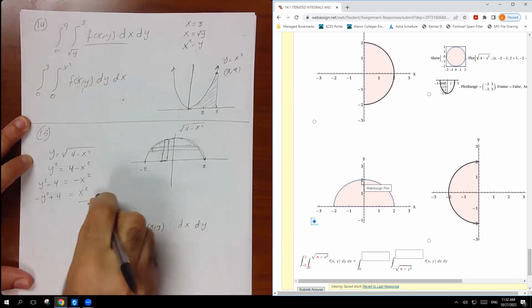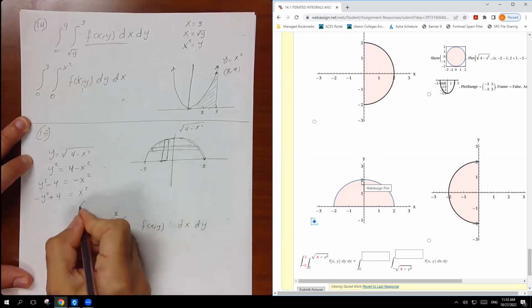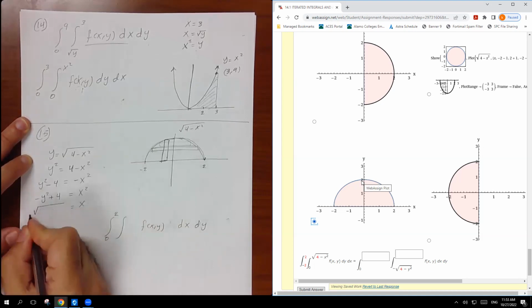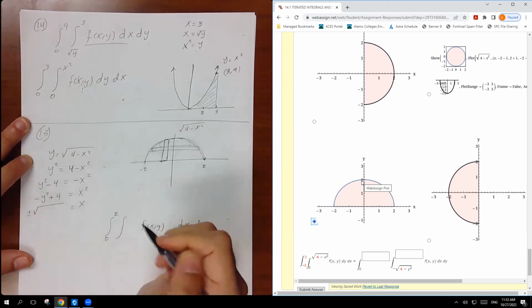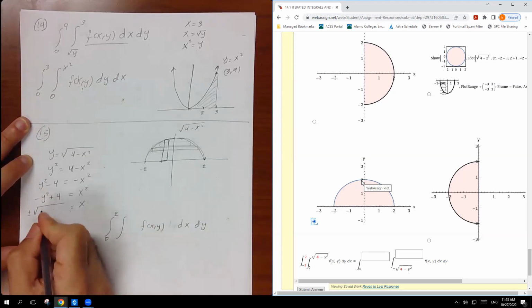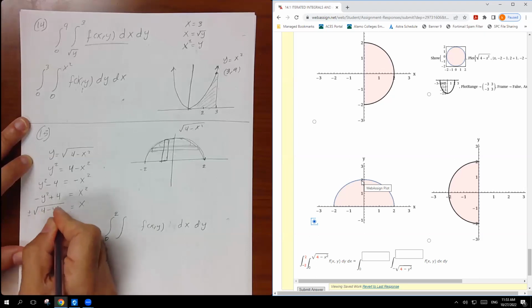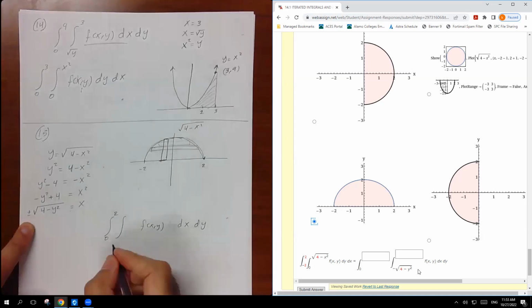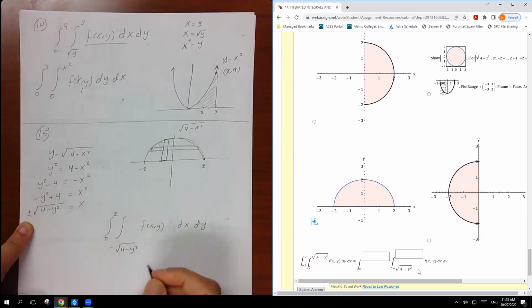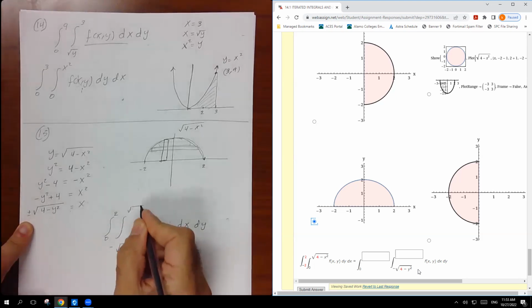So x is going to be plus or minus, and the plus here. And here I'm going to write down square root of 4 minus y squared. So if you look at the lower bound here, the lower bound is the negative square root of 4 minus y squared. And the upper bound is going to be the positive one, which is the square root of 4 minus y squared.